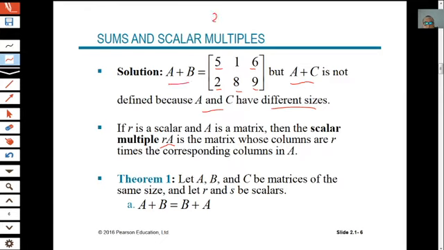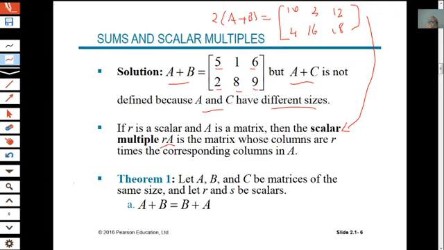We want to find 2 times (A plus B). We just multiply the entries of the sum by 2. So we have 10, 4, 2, 16, 12, and 18. That's it. This is the matrix operation called scalar multiplication.